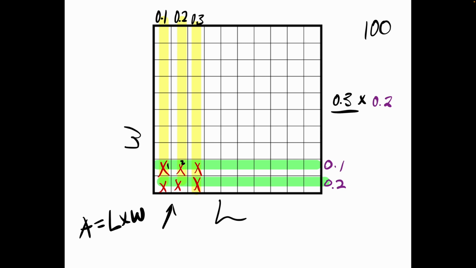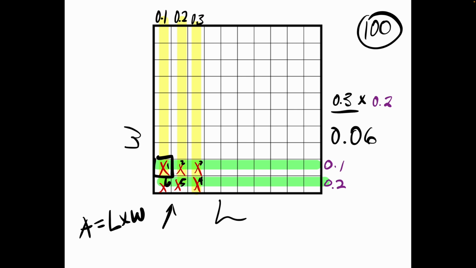1, 2, 3, 4, 5, 6. But 6 what? Remember that they're not 6/10. They're each just one of these squares. And what did we say those squares were? There were 100 of them, so they're hundredths.